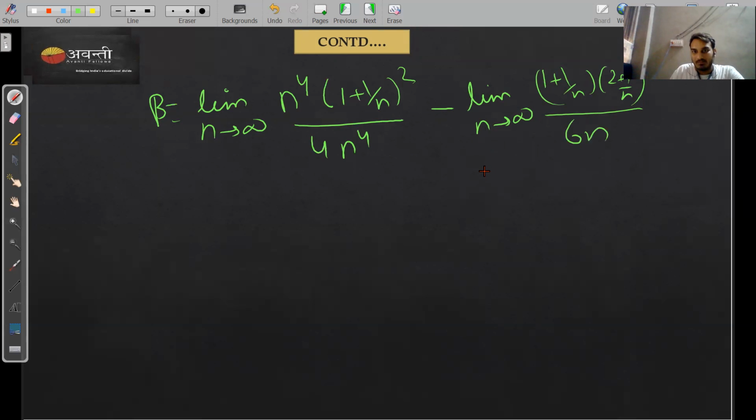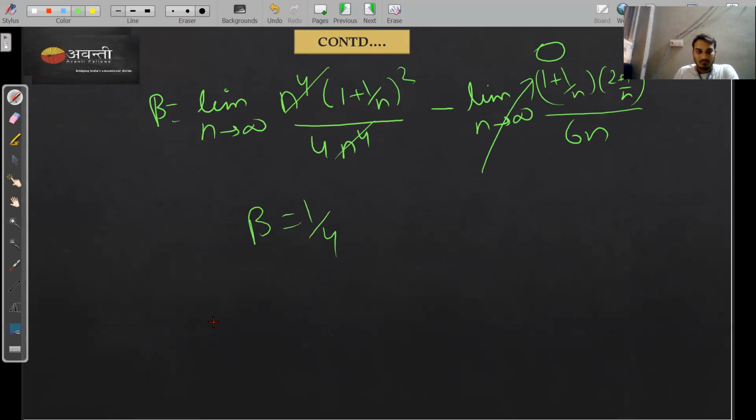This thing will be 0 because 1 by n is 0; the numerator is 2 and the denominator is infinity, so it is 0. Now n raised to the power 4 cancels with n raised to the power 4, and putting n to infinity, beta is 1 by 4.